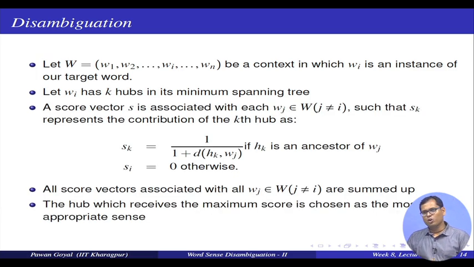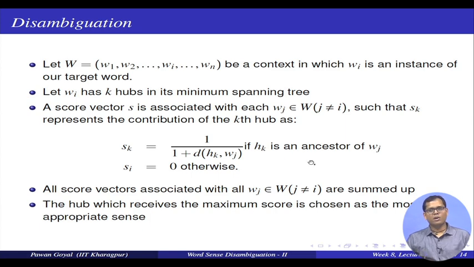We associate a score vector S with each word in the context such that Sk denotes the contribution it will have to the kth hub, and this is simply taken as 1 divided by 1 plus the distance between the hub and the word, if the hub is an ancestor of the word w, otherwise it is 0.